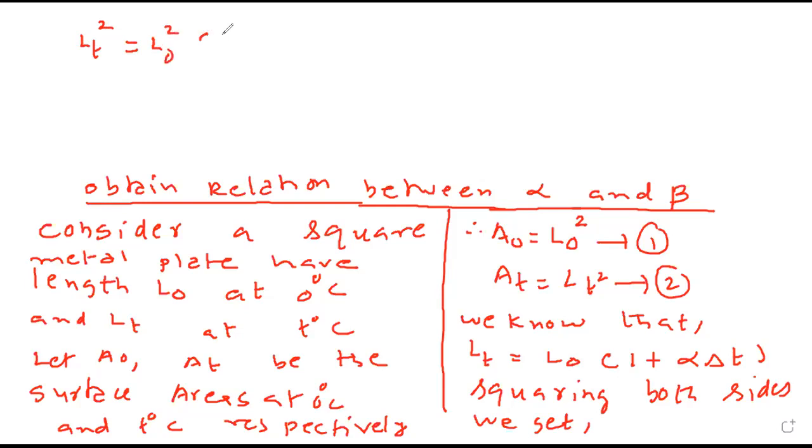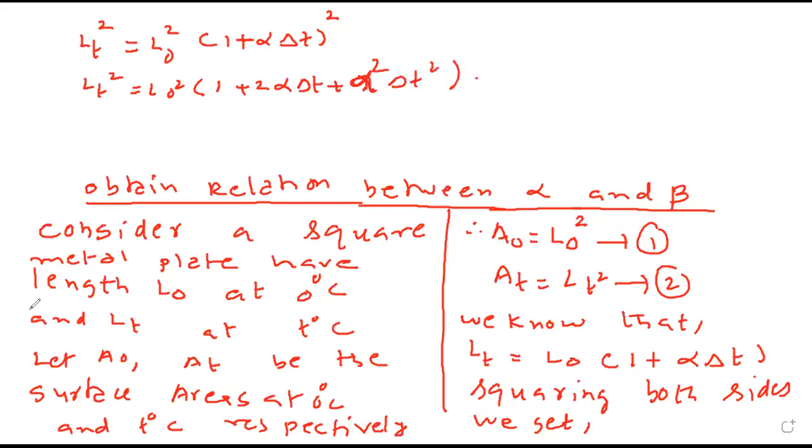L0 square times 1 plus alpha delta T the whole square. I think we all know the formula for A plus B the whole square. So here 1 square, that is 1 plus 2 alpha delta T plus alpha square delta T square. Okay, this much clear? Just copy this much first.